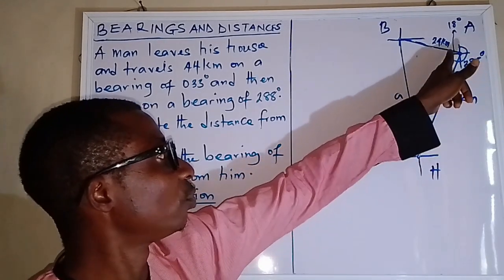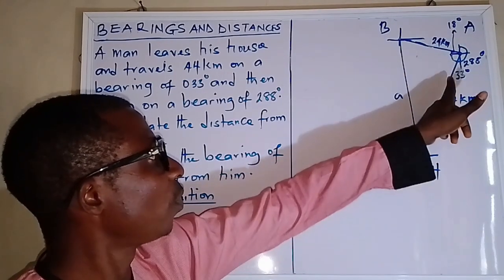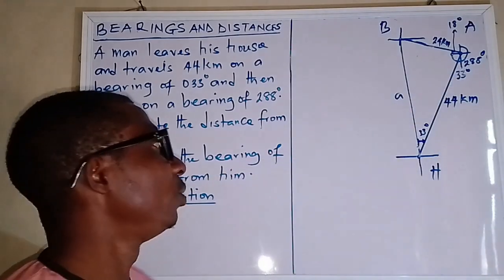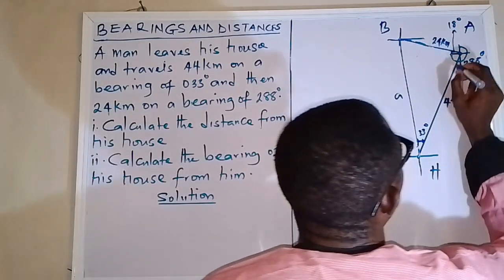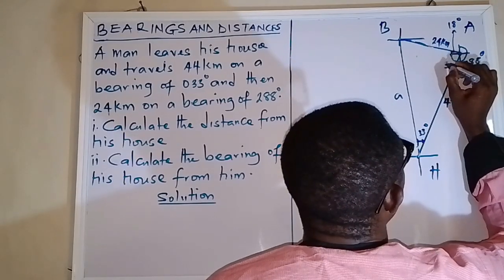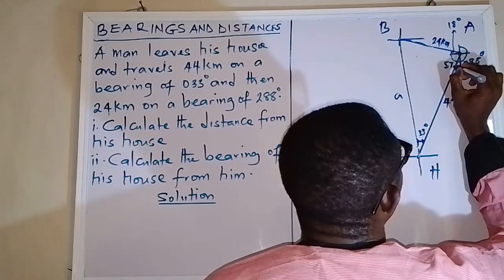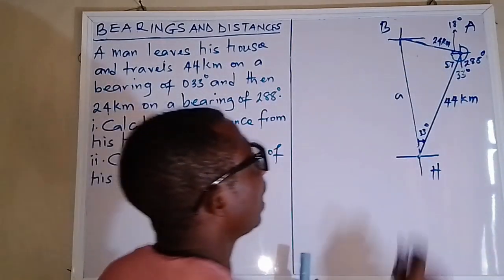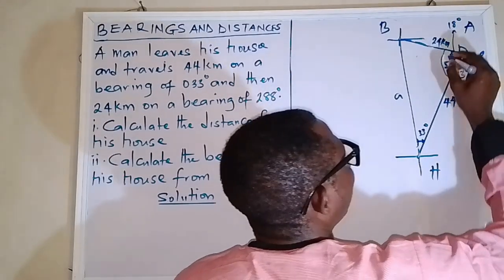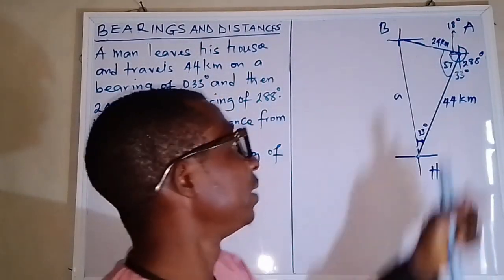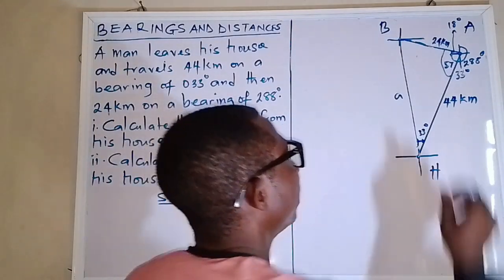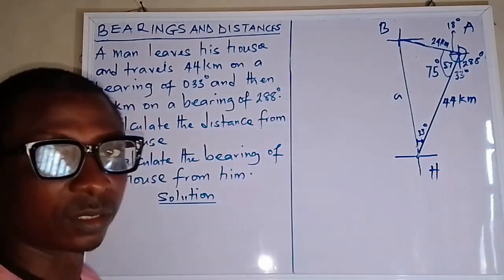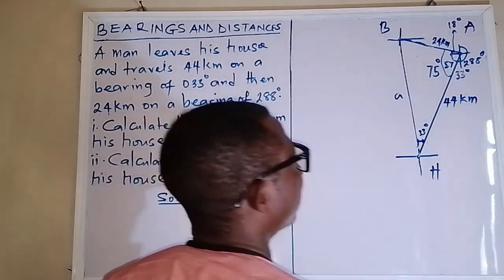And then from here to here is 270, so all we need to do is subtract 33 from 90. So you have 57. The angle here is 57. So the total angle here will now be 57 plus 18, that will give you 75 degrees.